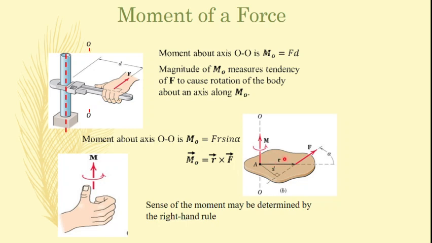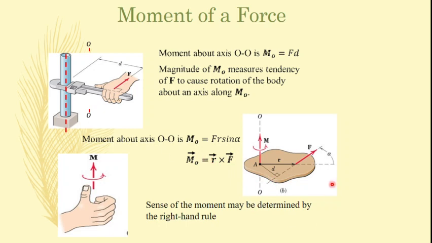Suppose this is the position vector; then if we take r cross F, we get the moment about this axis OO. The direction of the moment is perpendicular to both the r vector and the F vector.